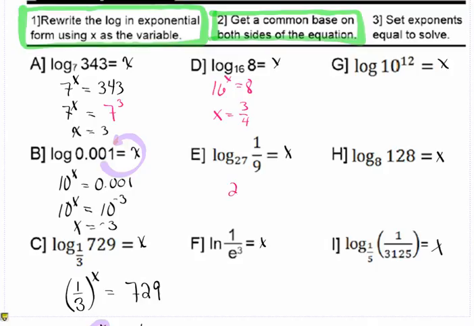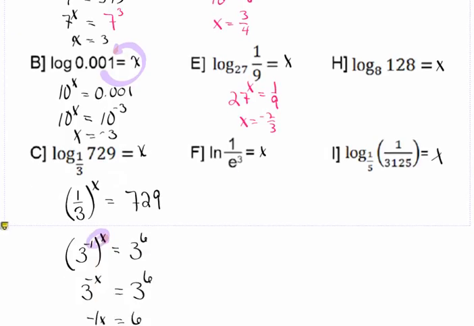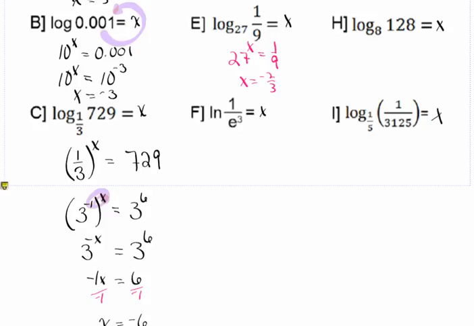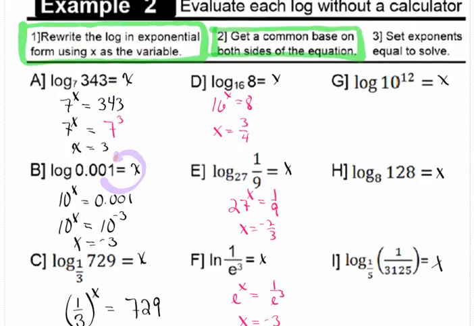This is 27 to the x equals 1/9, which will lead me to x equaling negative 2/3. Okay. F, I have e to the x is equal to 1/e cubed, which will lead me to x equals negative 3. And y'all, if you don't show me work, I'm not going to take it.